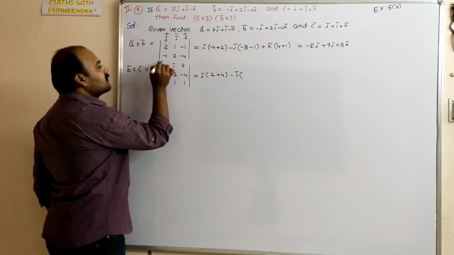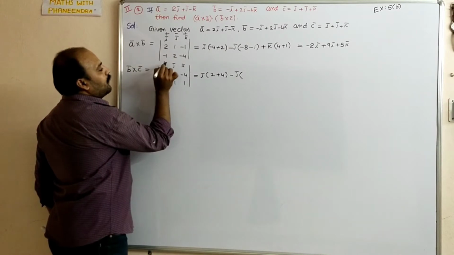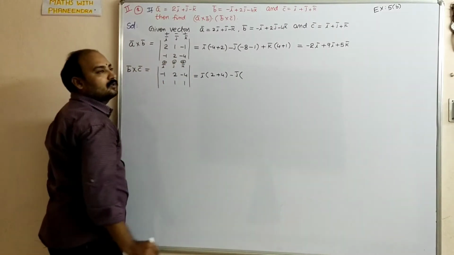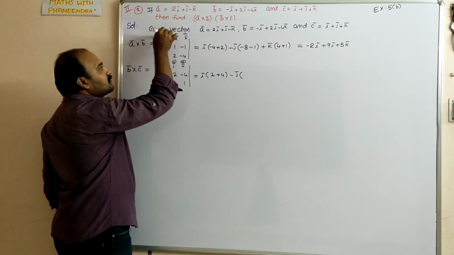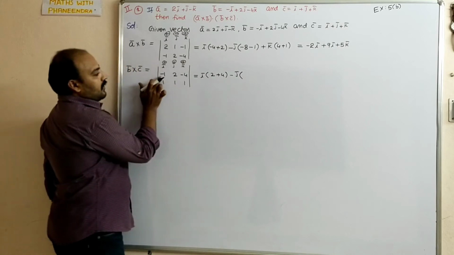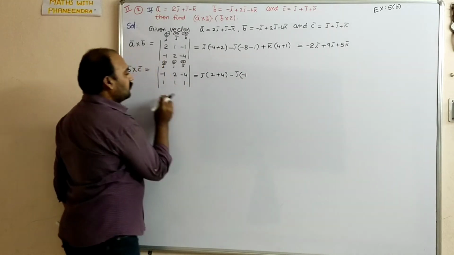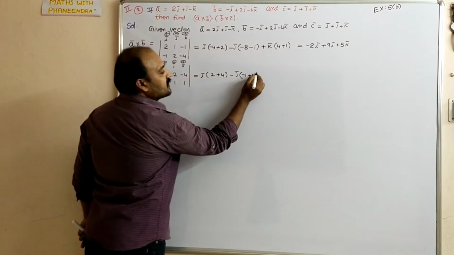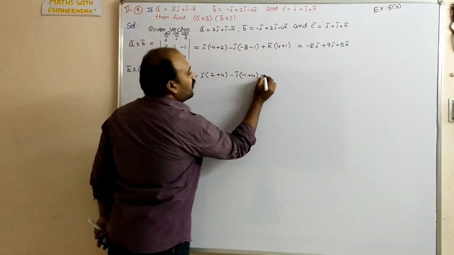I already said that: plus, minus, plus. This is the way you have to remember. Even here also I wrote. Minus 1 into 1 minus 1 into minus 4, plus 4. Plus k bar into minus 1 minus 2.